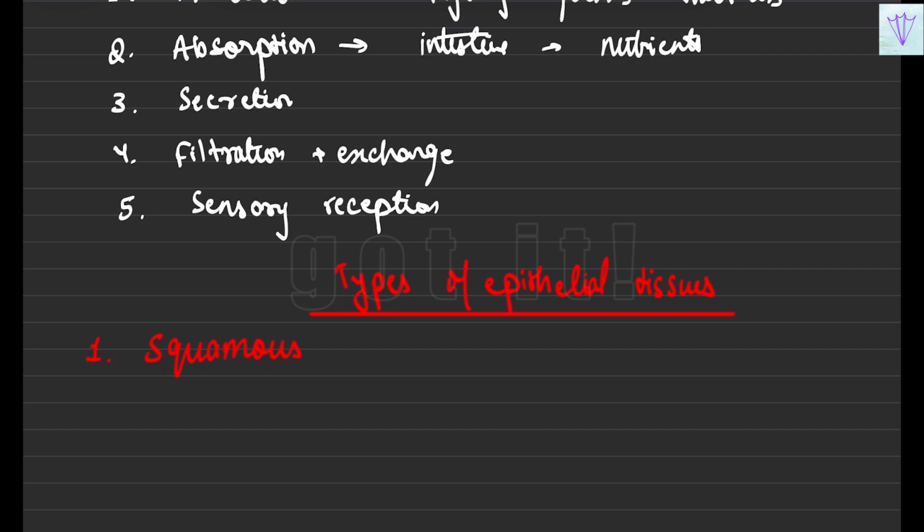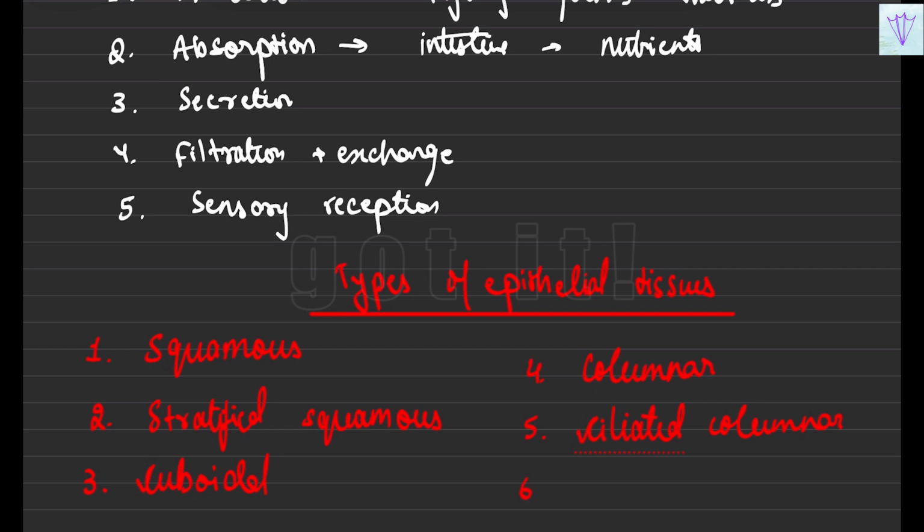So first one is squamous epithelium, and the next one is stratified squamous epithelium and cuboidal epithelium, columnar epithelium, and we have the ciliated columnar epithelium and the glandular epithelium.